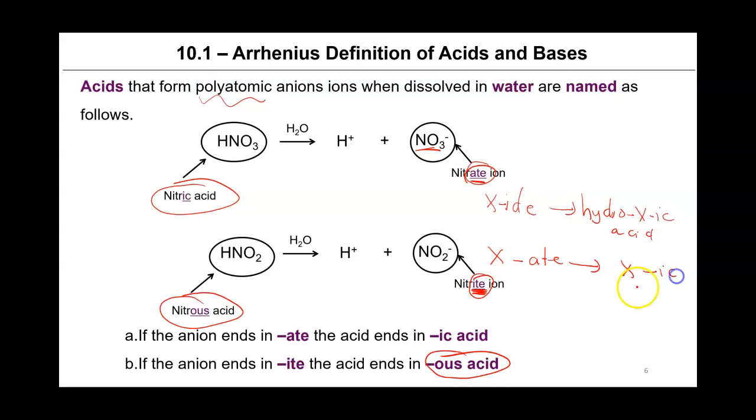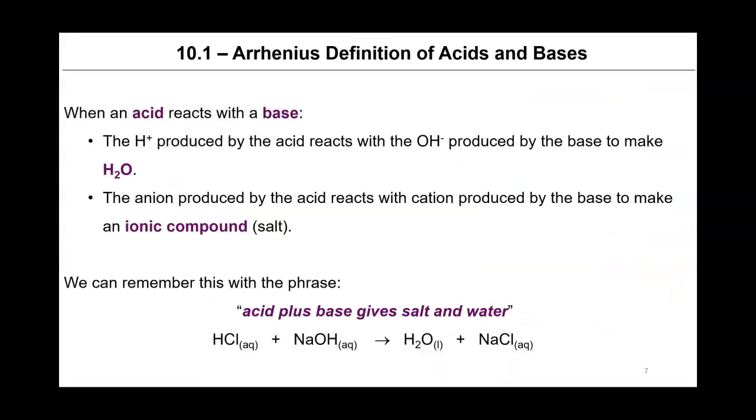Our acid is an ic acid. And if our anion is an ite, then our acid is an ous acid. So we need to memorize those rules, or at least have a note of them, in order to be able to name acids correctly.